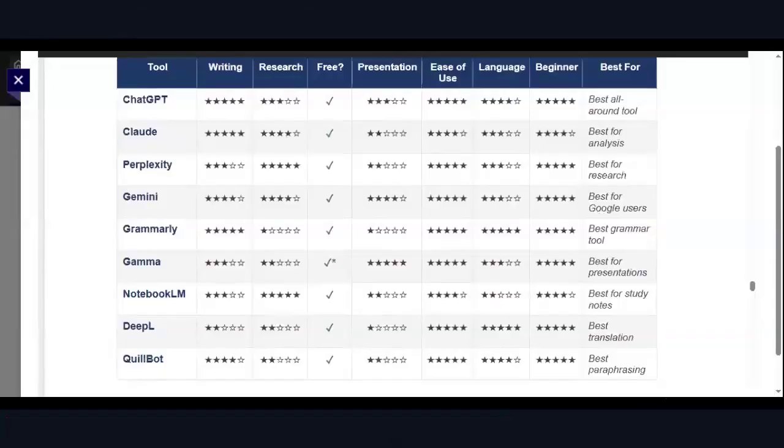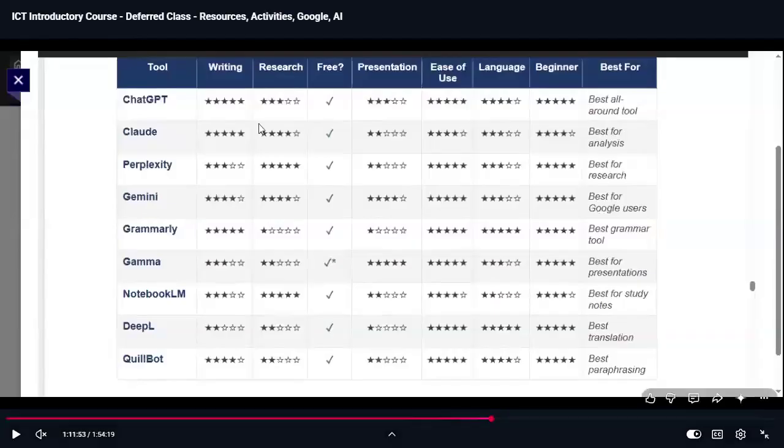Okay, there are 100, 1,000 applications of AI for other purposes. But the most important in the academic path are these ones that are listed over there.